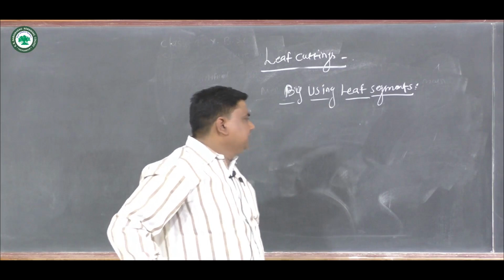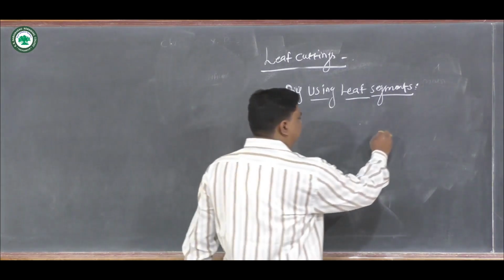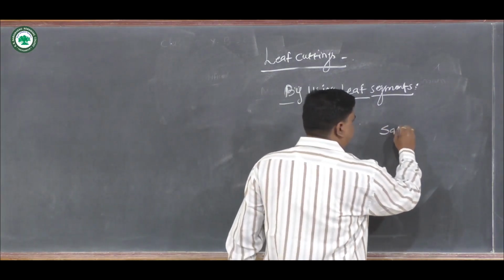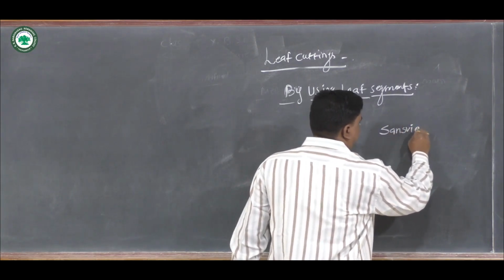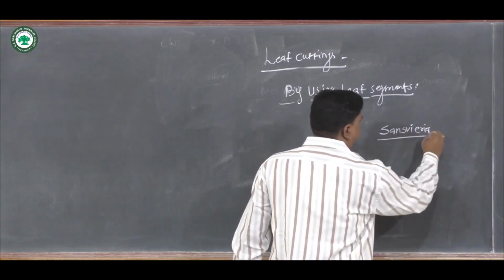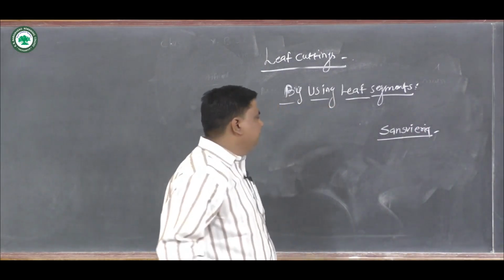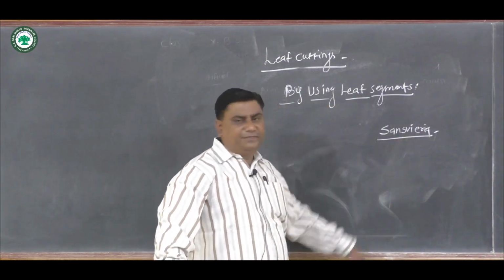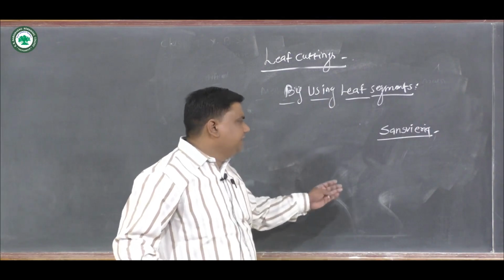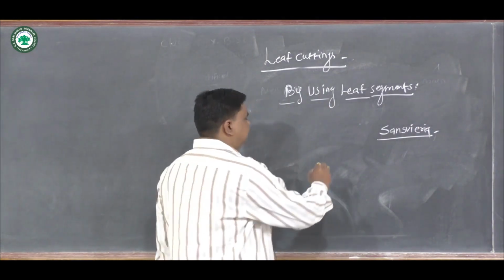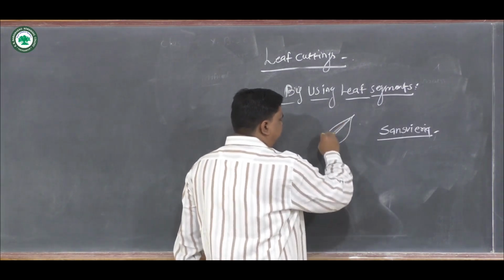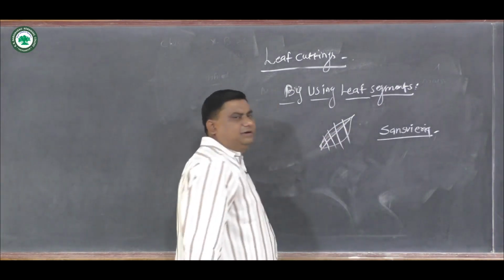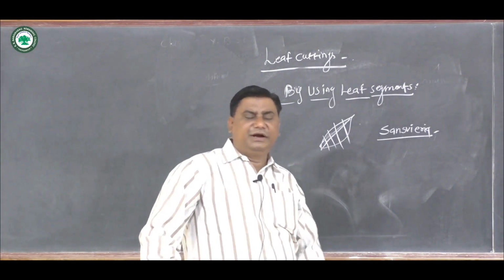In Sansevieria, the entire leaf is cut. Suppose this is the leaf, and here there is the cutting of the entire leaf.